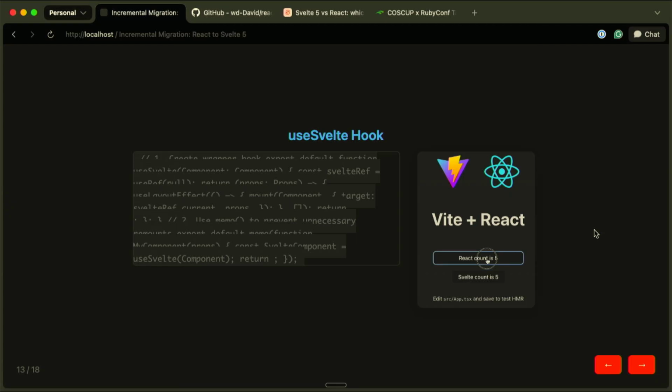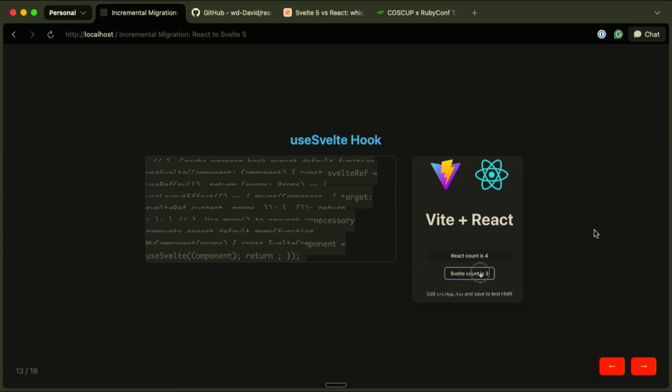Okay, the shortcut key doesn't work here. But anyway, you can still find this in my repo. It's just a simple useSvelte hook. After you have this hook, you can write your Svelte component inside of your React application. The GIF demonstrates this: above is the React count component, and below is the Svelte count component.